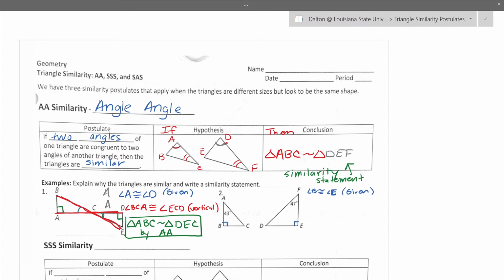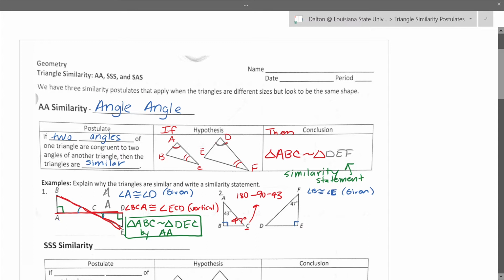However, if we know that the 3 angles of every triangle add up to 180 degrees, then we could go ahead and subtract. Let's do 180 minus 90 minus 43 to get angle C, right? If I do that, I get 47 degrees.